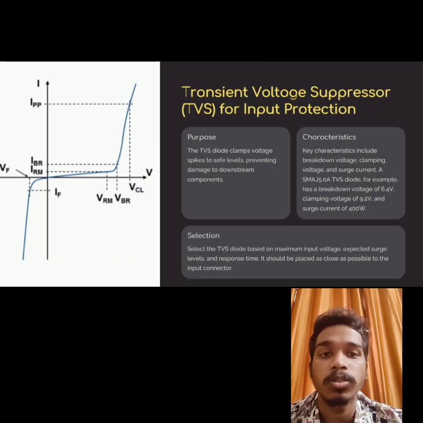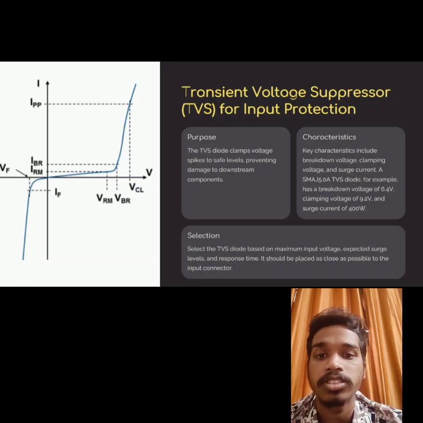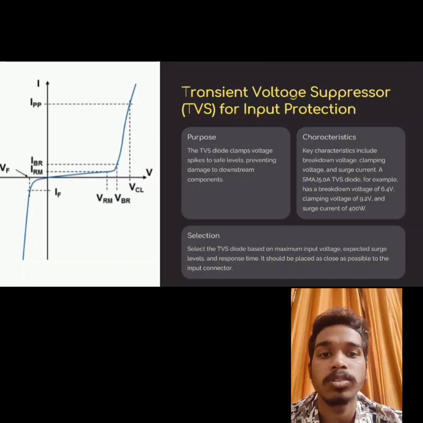Key characteristics include breakdown voltage, clamping voltage, and surge current. An SMJ508 TVS diode, for example, has a breakdown voltage of 6.4 volt, clamping voltage of 9.2 volt, and surge power of 400 watt. Third is selection. Select the TVS diode based on maximum input voltage, expected surge levels, and response time. It should be placed as close as possible to the input connector.